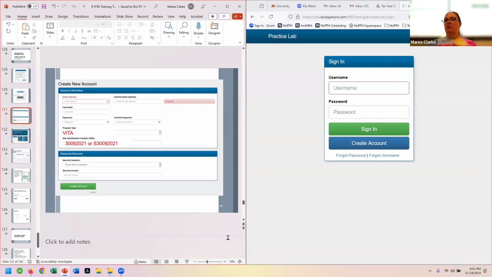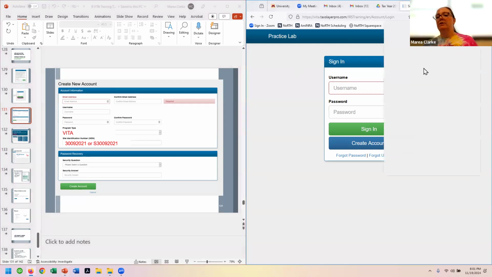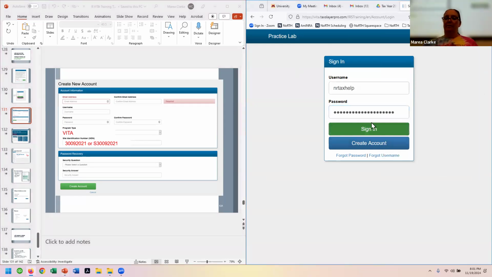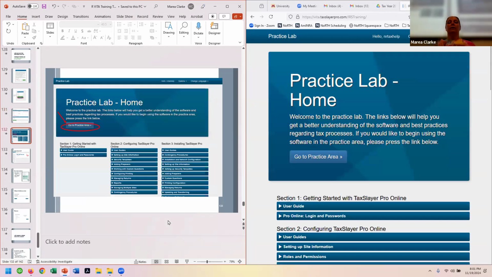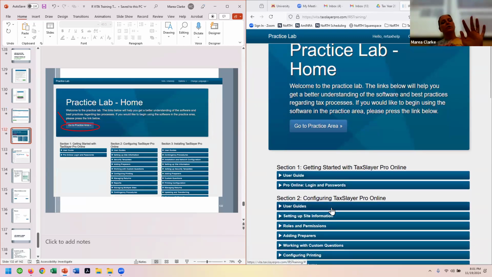Then once you've done that, you can just log in like I'm going to do here. And you're going to be in. There are a bunch of user guides for using the software. If you love software and you want to go mess around with them, you're very welcome to do that.